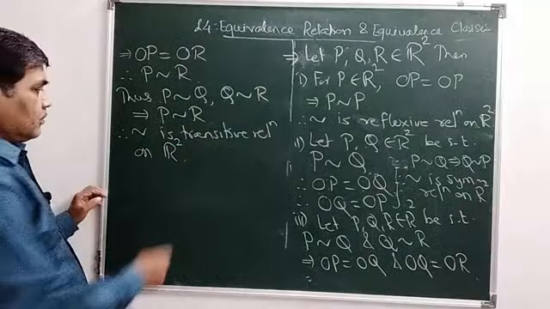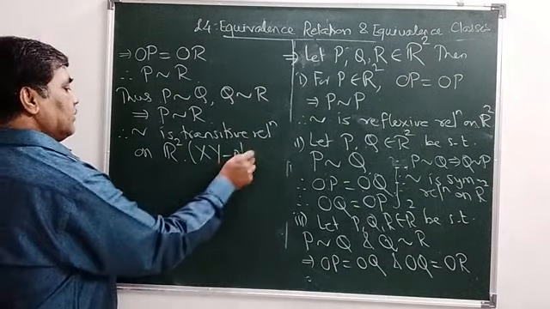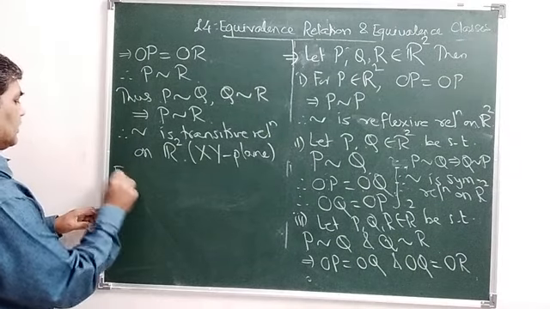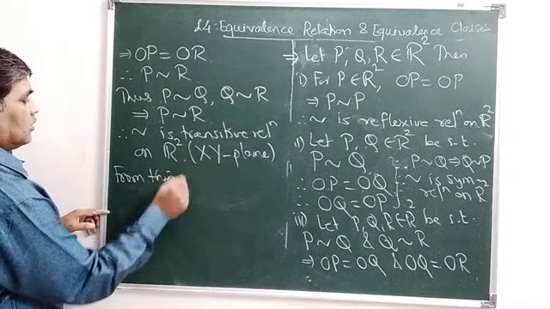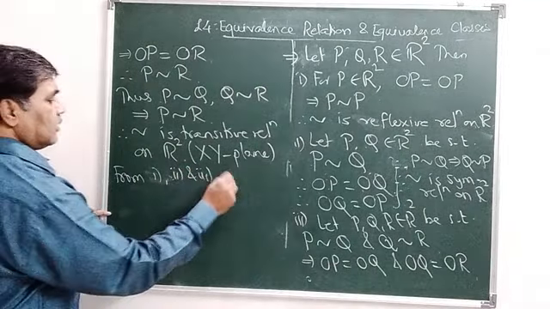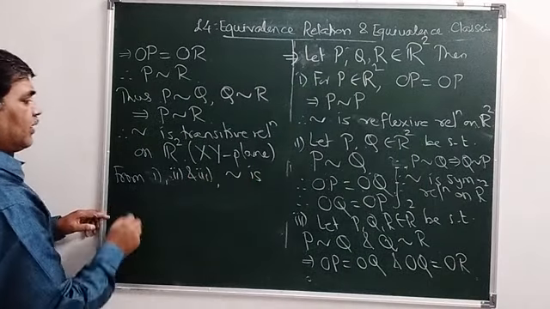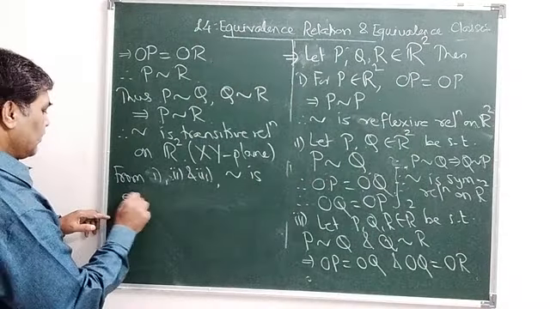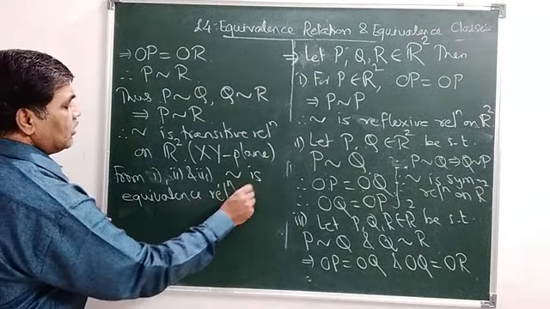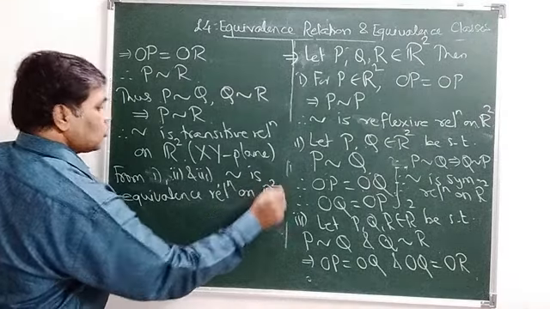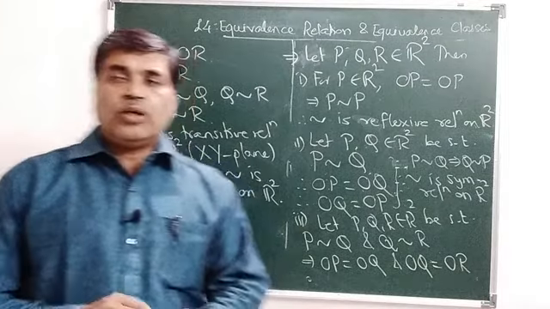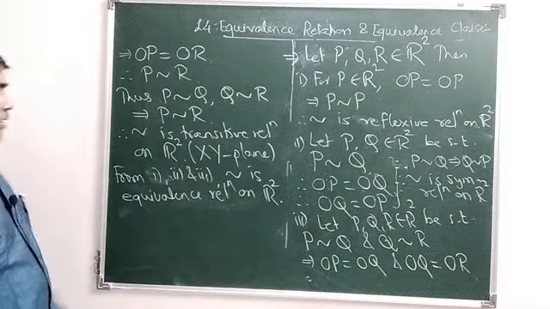This is your XY plane. From 1, 2, 3, this relation tilde defined on A is an equivalence relation on R2, or the XY plane. Now we have to talk about what the equivalence class is.